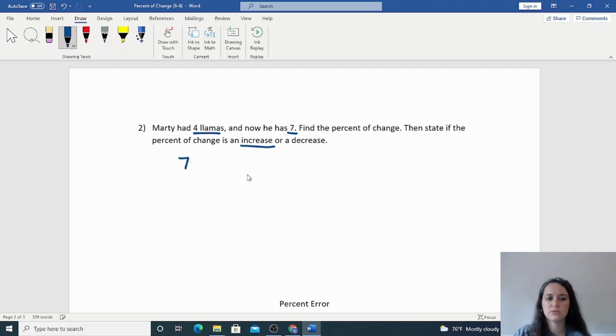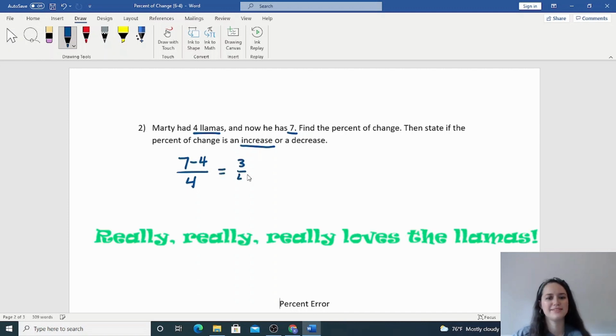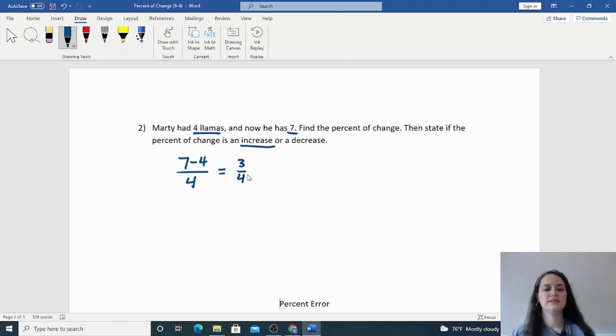So he's gone from 4 to 7. So it's going to be the new one, 7, minus the old over the old. All right. So we have 3 over 4. Oh, and don't forget your times 100. That's just moving the decimal over 2 times, so you may not need to write that part.